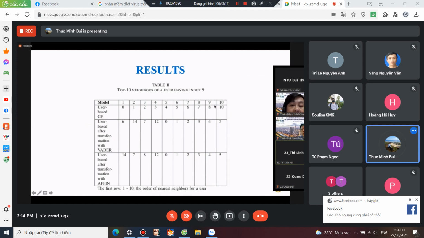You can see the top 10 neighbors of the user having index 9.